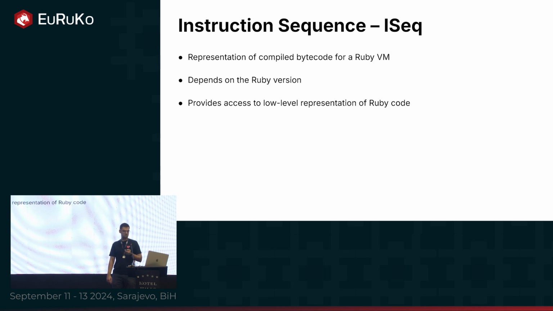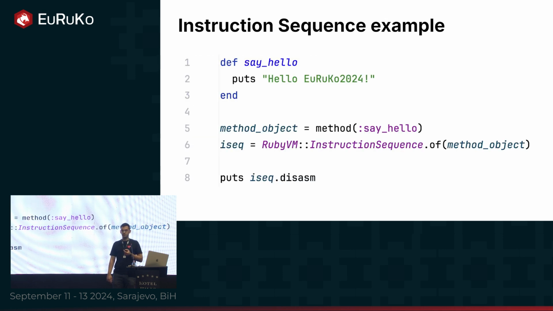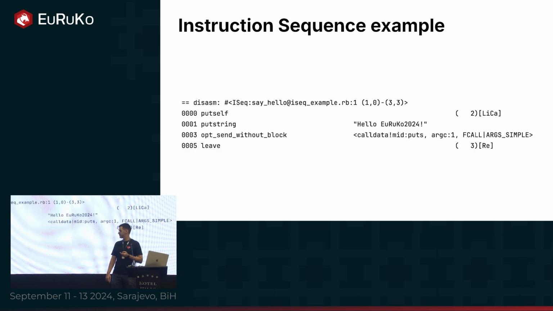Let me show you an example. Here we have the same method, say_hello, and then we take a method object of this method, and then we pass that method object to instruction sequence. At the end, we just print our instruction sequence to the console in some readable way. So let's take a look at the output. Here it is. Here we have several lines. Each line is a separate instruction.